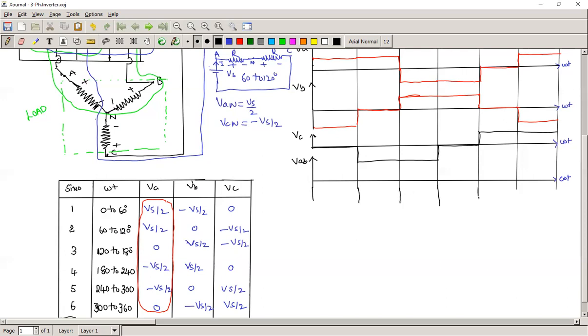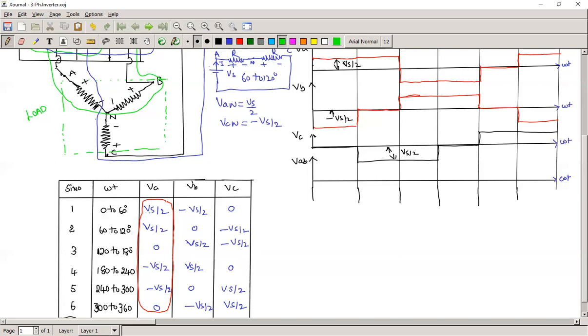Now if you want to draw, this is Vs by 2. So make sure that half of the input voltage is the height. This is minus Vs by 2. Again, this is Vs by 2. Suppose you want to find out the VAB voltage.